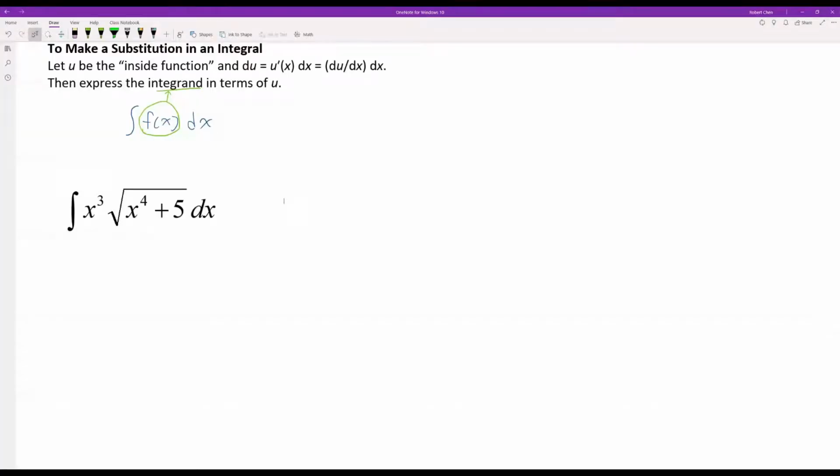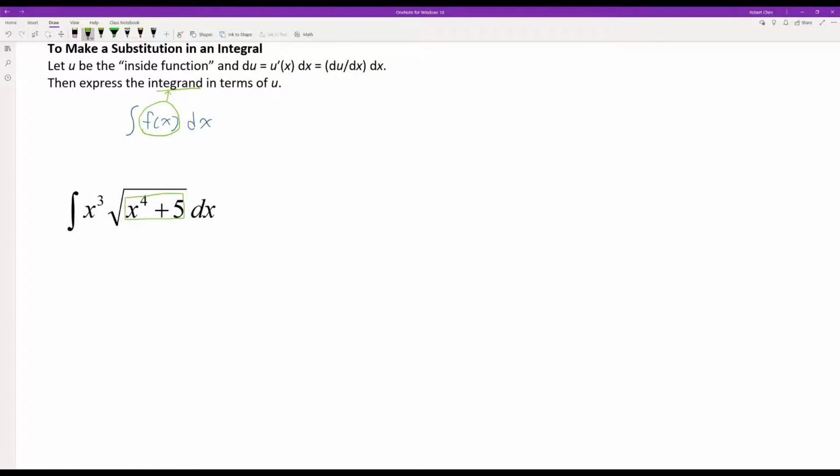Let's consider the integral of x cubed times the square root of x to the fourth power plus 5. The inside function is x to the fourth plus 5.